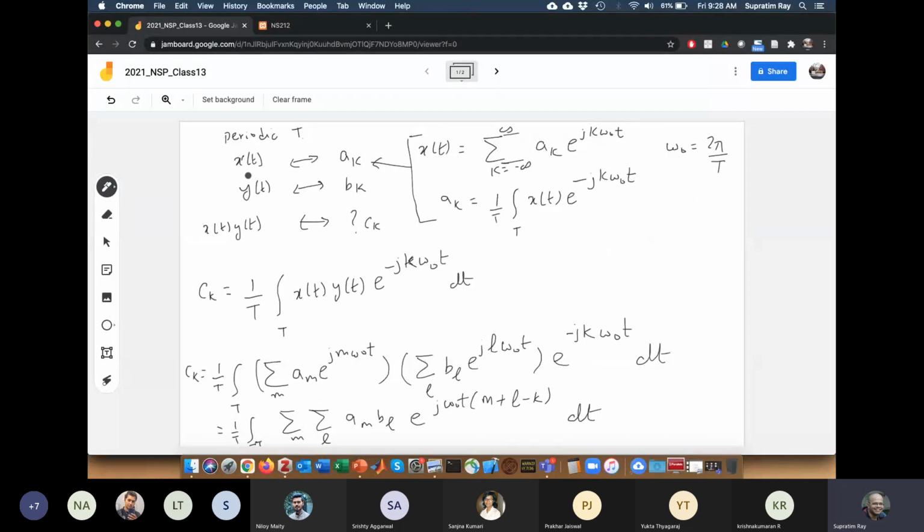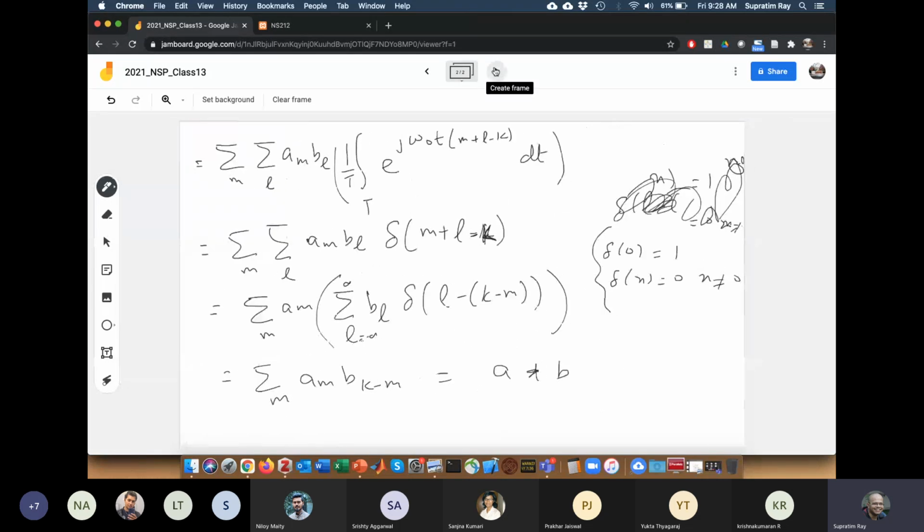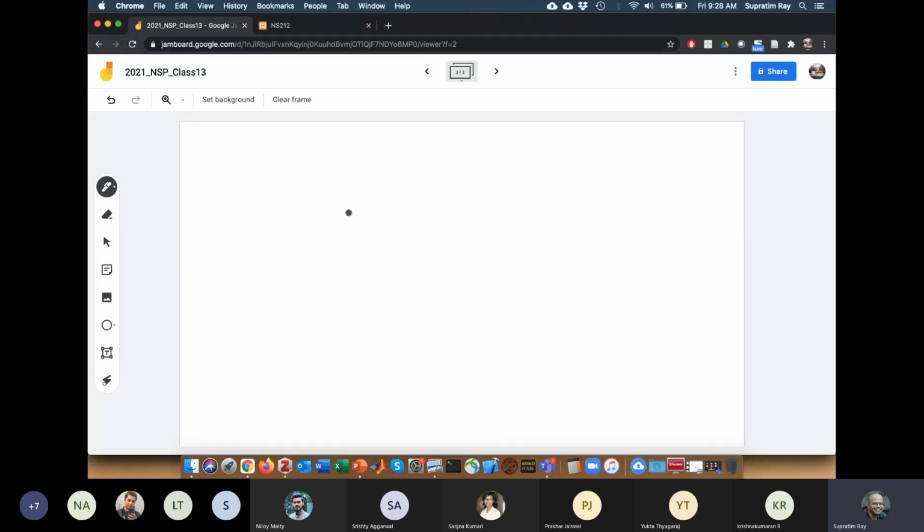x(t), y(t) and a_k, b_k. So x(t) is given by this formula and a_k is given by this formula. Now I've got x(t) and it's got its a_k's.